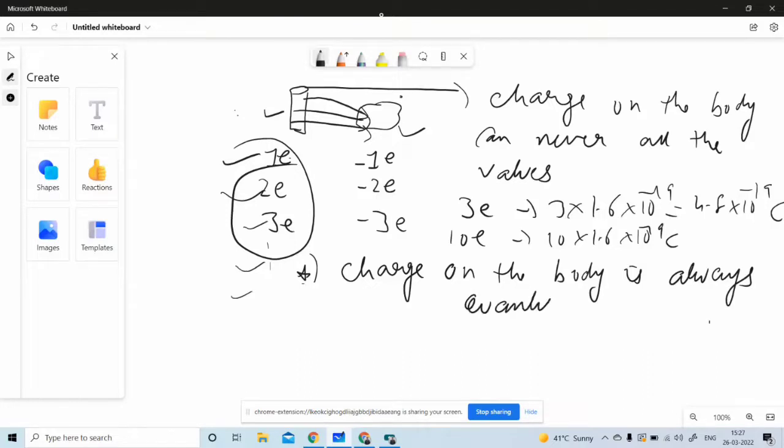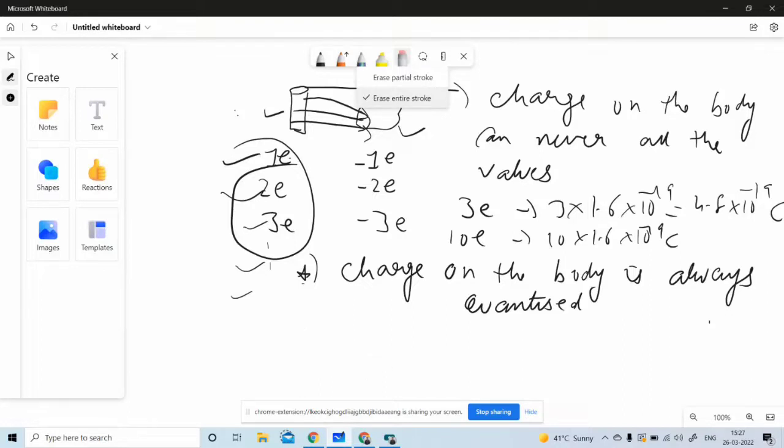Quantized means not continuous. Charge cannot have any value. A body cannot possess a charge of, say, 2.5e. This is not possible. 3.234e, not possible. So the charge on a body cannot possess all values, and that is why the name quantization is given. Clear? That means it is not continuous.